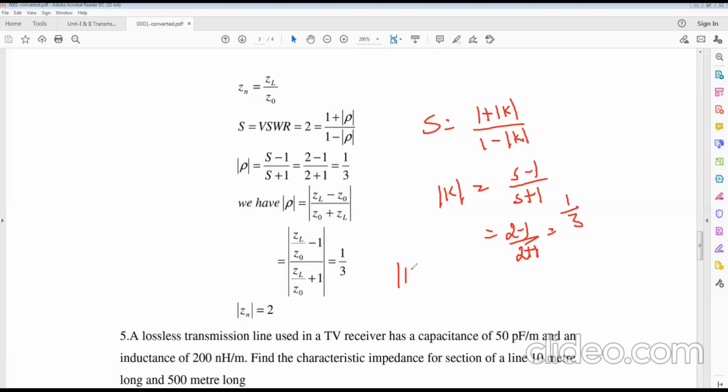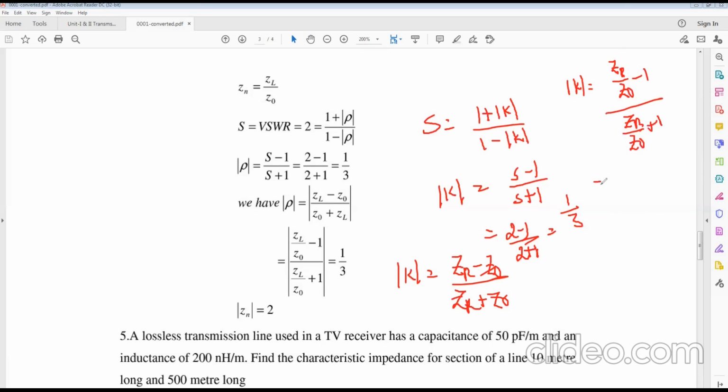Okay. And the magnitude of K is equal to, we have the formula, ZR minus Z naught by ZR plus Z naught. The magnitude of K, the reflection coefficient, is ZR by Z naught minus 1 whole divided by ZR by Z naught plus 1.